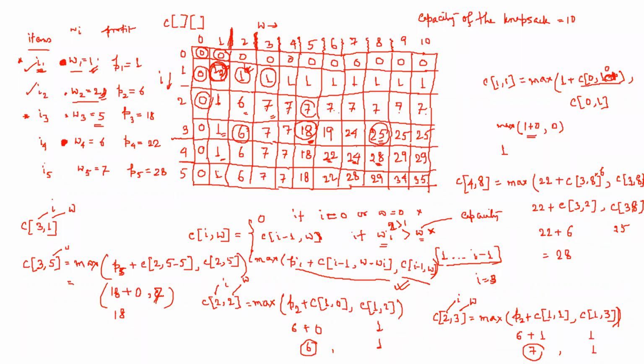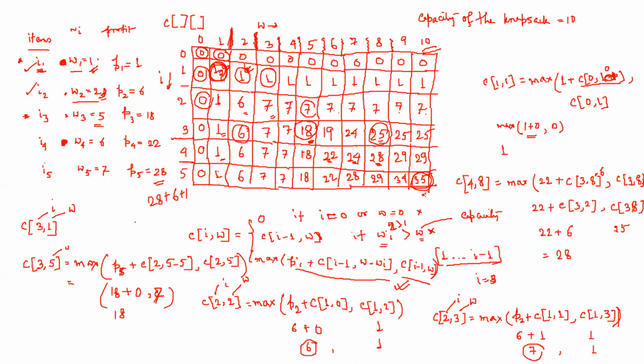Okay, so this is the last position. So in this way, if you calculate this table, if the capacity of the knapsack is 10 and these items are given, the maximum profit you can achieve is 35. So how do you get 35? So 28 plus 6 plus 1.